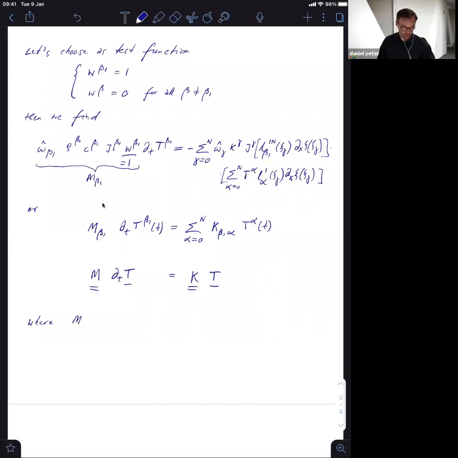So take a moment at home to try and recognize that we can actually write it in this matrix form.